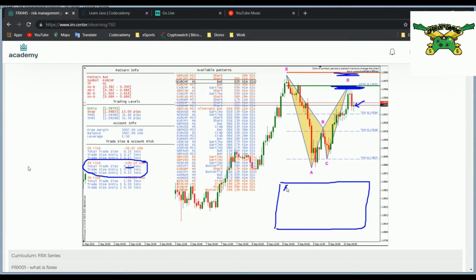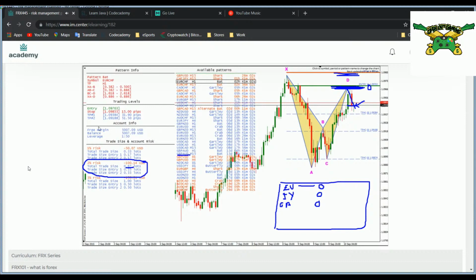You could have the EUR, the JPY, the GBP, AUD. But as you start to profit and bring the risk down to zero, meaning if you shorted it here and the market's here, you've got zero risk now because you're at break even.